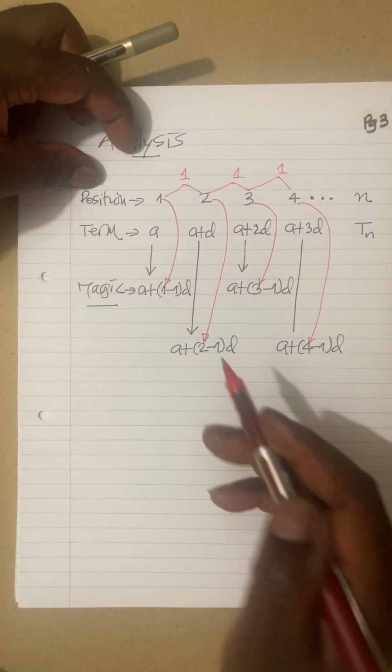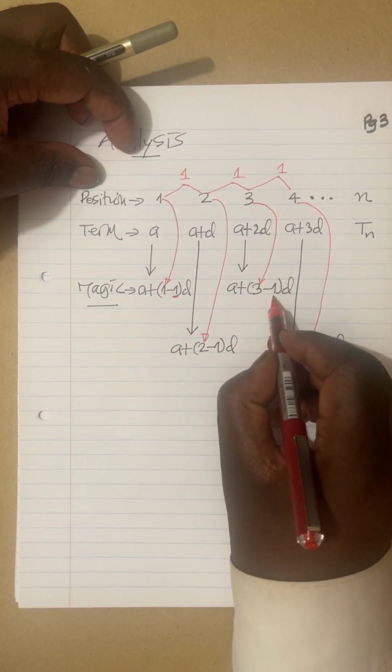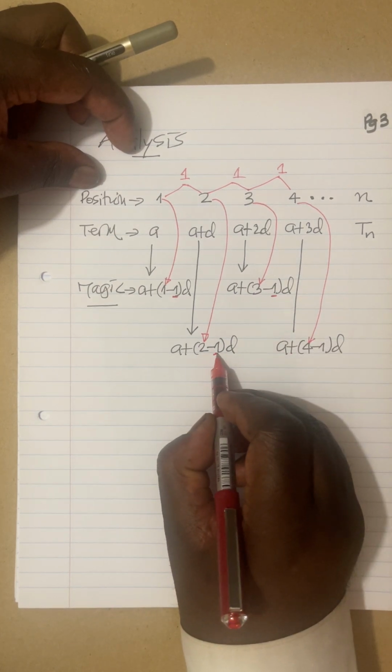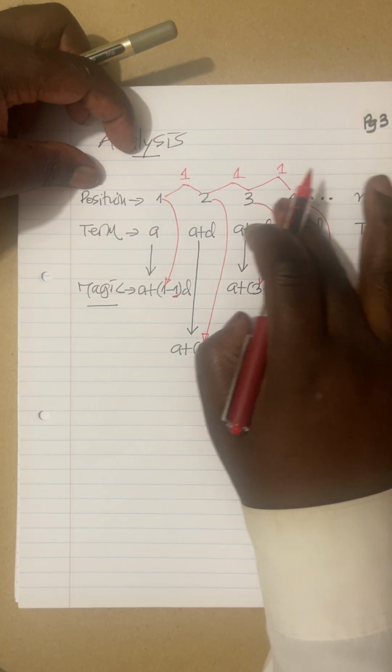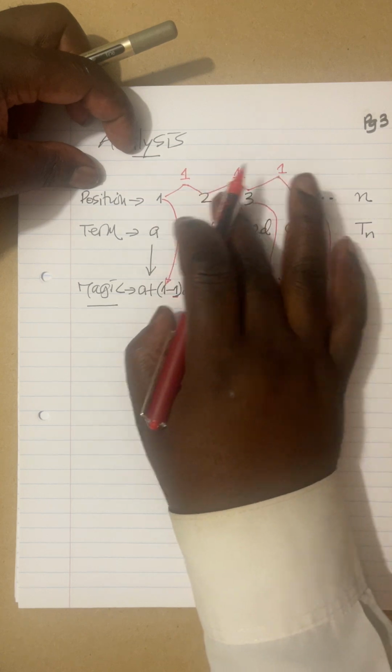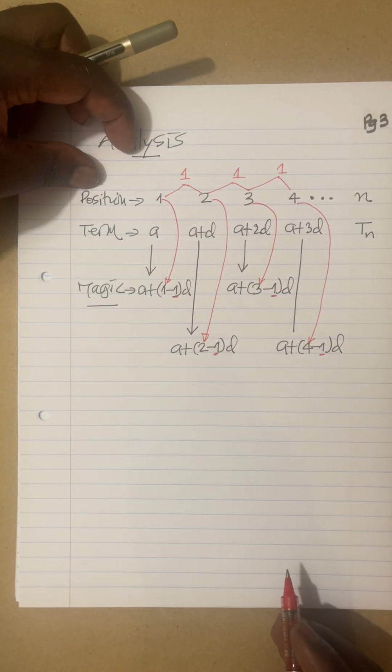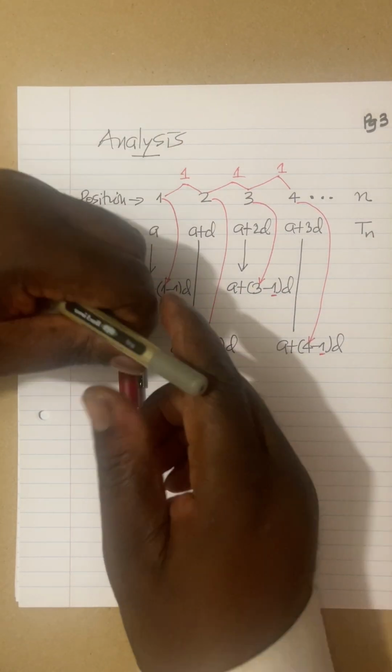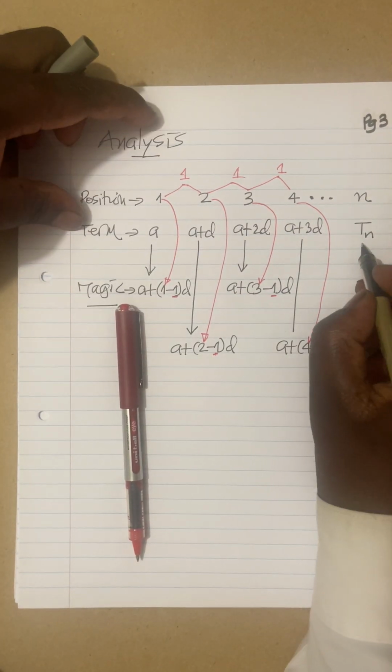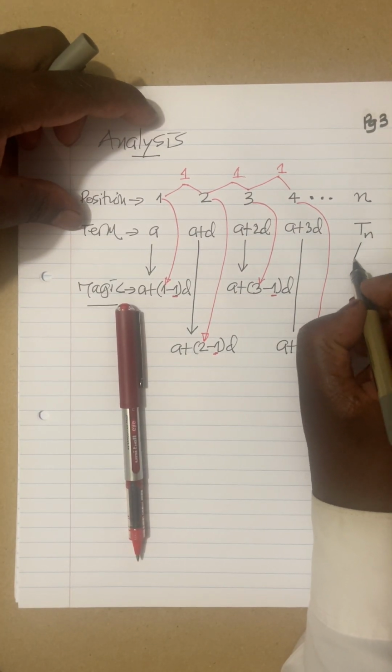That's why you have this one here at the end, subtracting. It must always be there because the difference between any two consecutive terms, positions, is 1. Now, from here, you can agree with me that this can be generalized as follows.